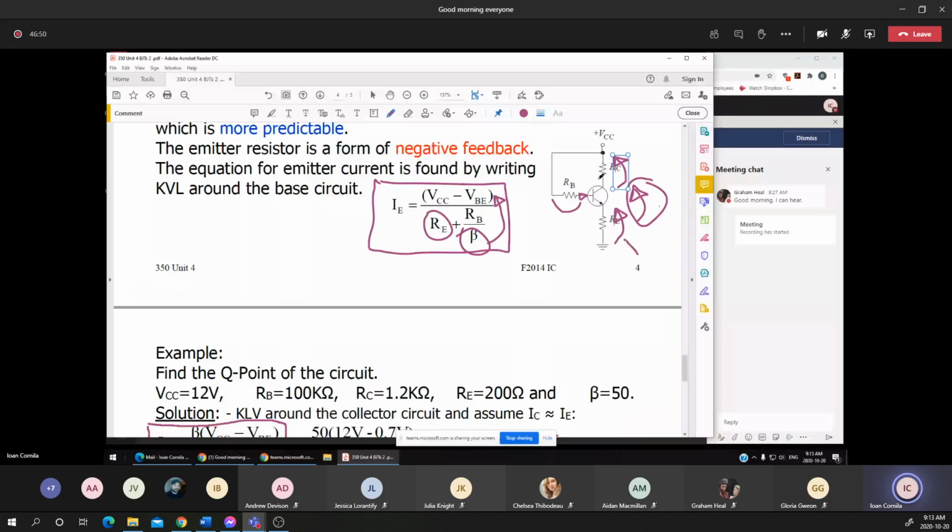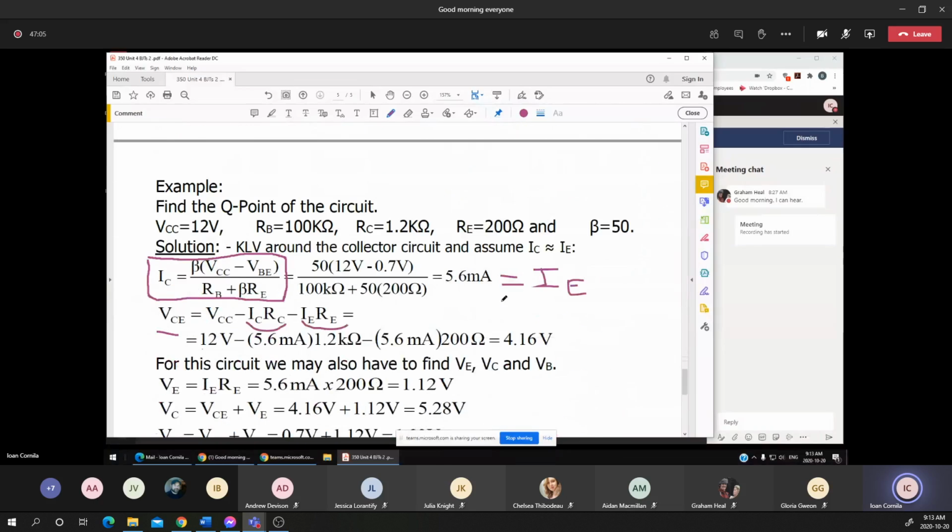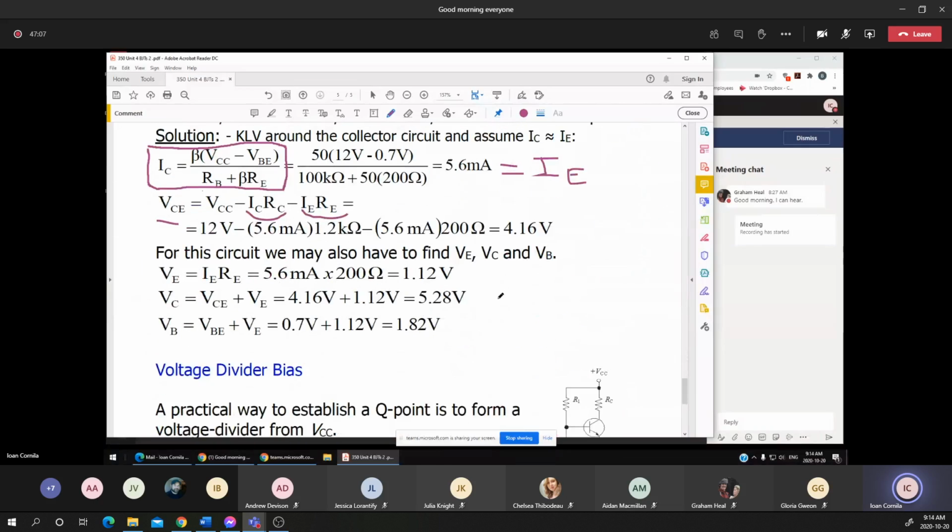The addition in this circuit compared with the previous 2 circuits is that it has the voltage drop across the emitter resistance, specific for this circuit.